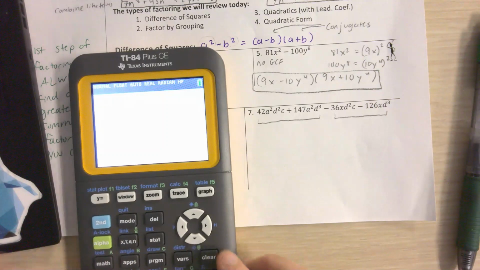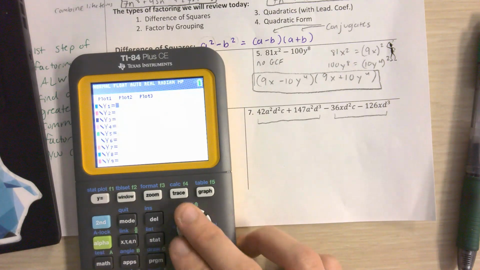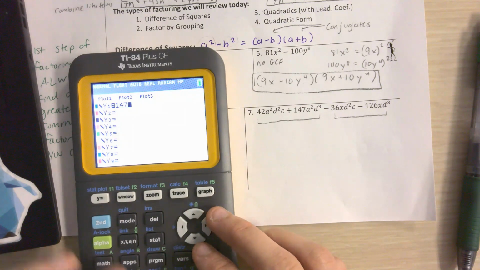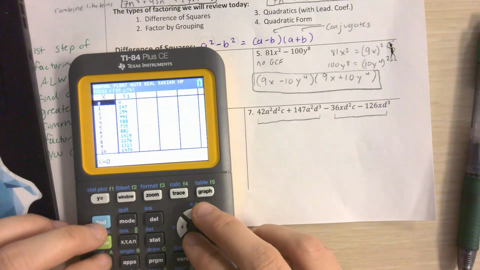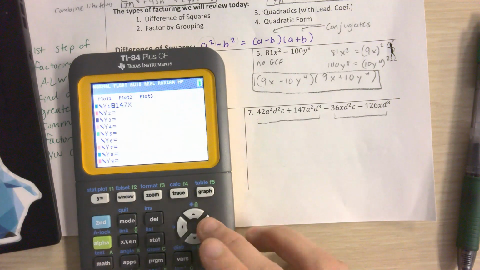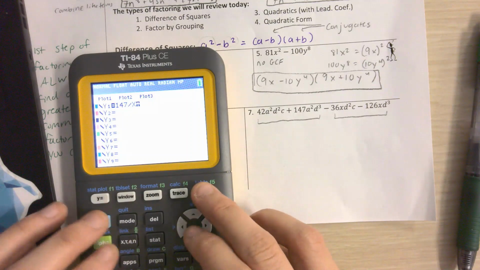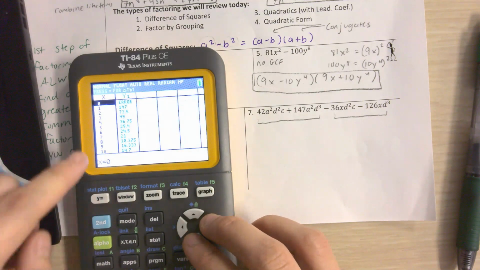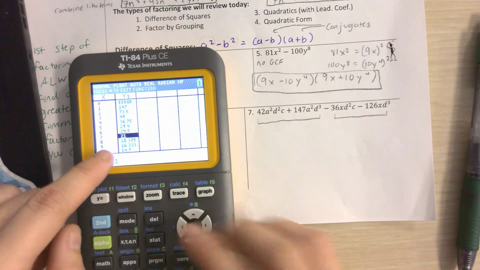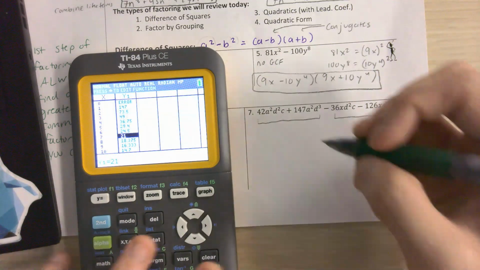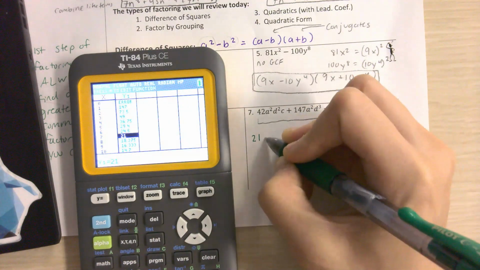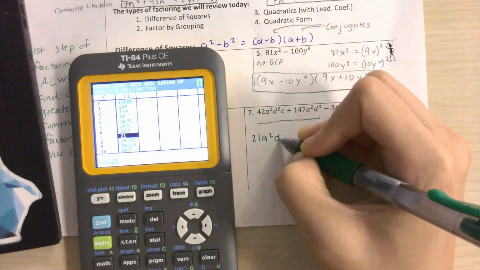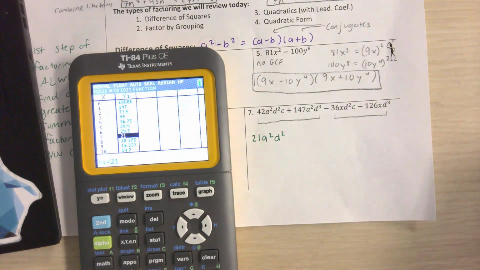A good way to see what factors there are is to look at your table and find the factors, right? So if we look here, we see 7 and 21, and we know that 42 is divisible by 21. So we're going to have 21, both of them have a's, they both have d's, and so that's our greatest common factor between those two.